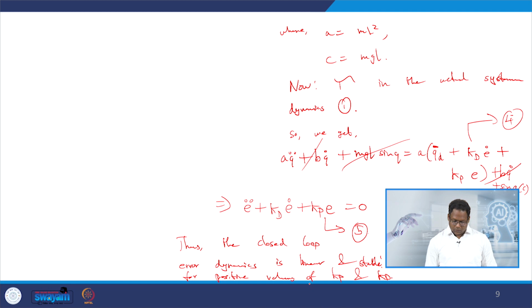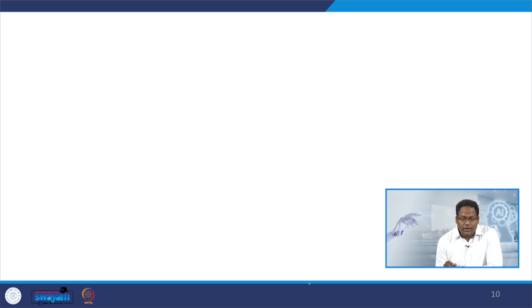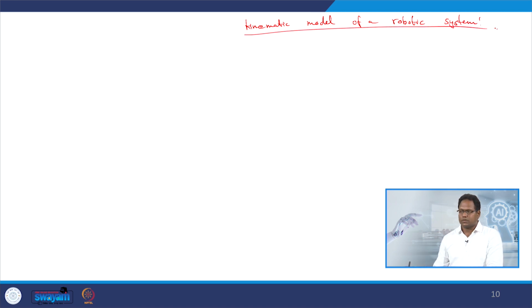Okay. So, we have finished the first example in this case using a dynamic model of a robotic system. We can now move into the feedback linearization control approach towards the kinematic model of a robotic system. We now have a kinematic model of a robotic system, which starts from x equal to f of theta.